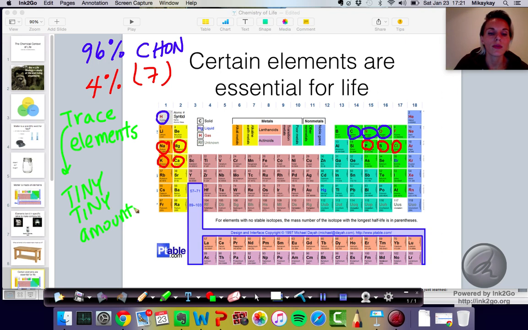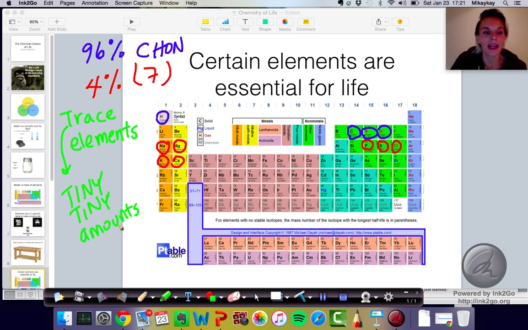It's a word that we use to say very small amounts of something. And there are certain elements that you need small amounts of, but you really need those small amounts, right? It's not like it's an optional thing. No, if you don't have those small amounts, your life, well, you might die, or you would be very sick.